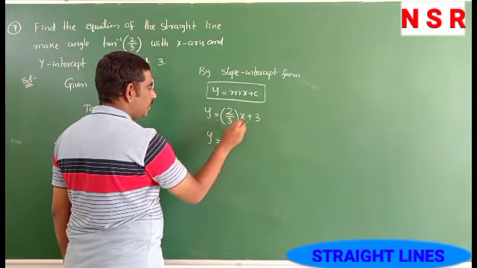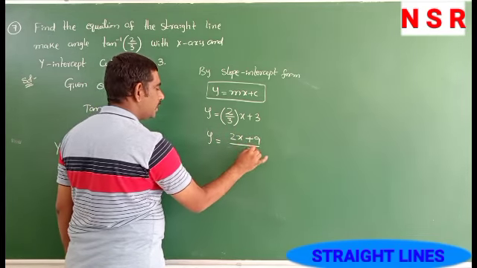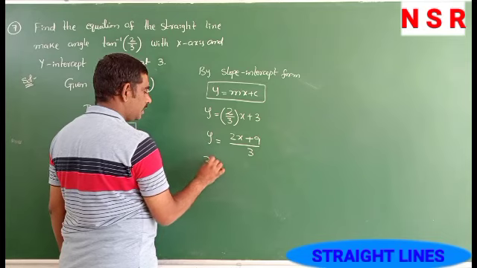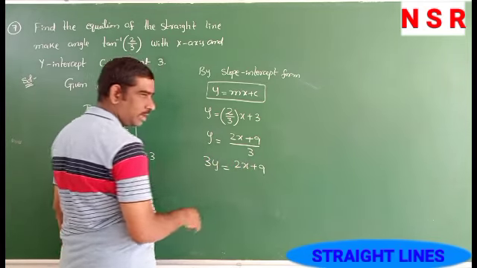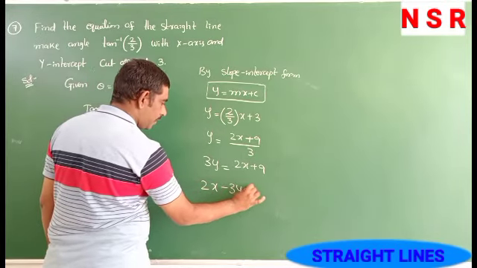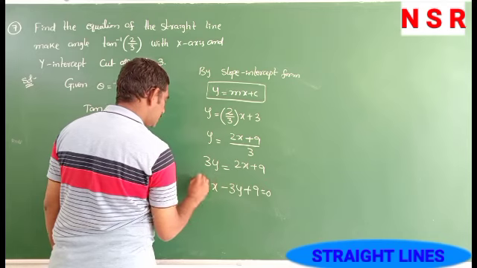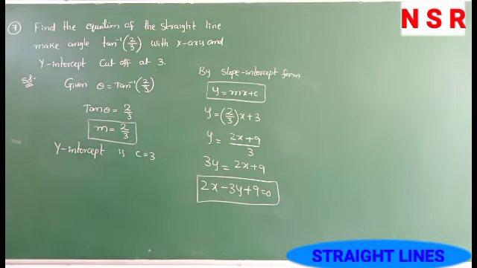Now y is equal to 2 into x, 2x, 3 3s are 9 by 3. Now 3 multiply here, 3y equal to 2x plus 9. Now 3y move that side, we get 2x minus 3y plus 9 equal to 0. So this is our straight line equation. So our straight line equation is 2x minus 3y plus 9 equal to 0.